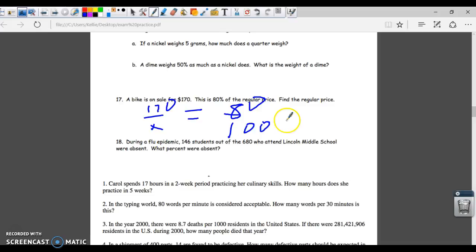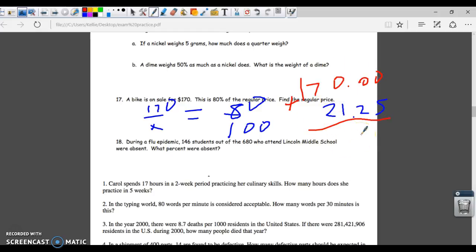So this is telling us x is equal to 21.25. That is not the regular price. That's what you need to add on to the 170. So it should look like this: $170 plus the amount that was discounted off.